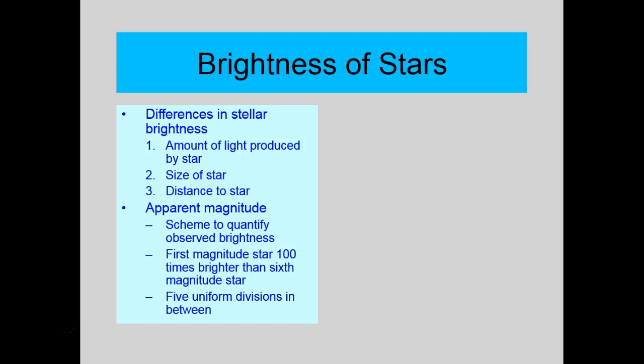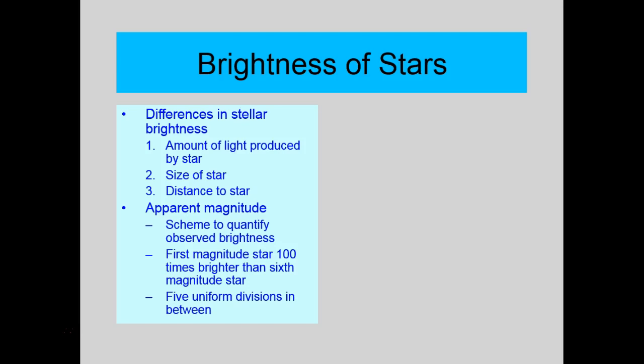There's several ways. The first we're going to look at is apparent magnitude. That's just us looking at it and saying, hey, that one's brighter than that one, this one's brighter than that one, this one's dimmer than that one. That's the apparent magnitude. Now, this scheme is to quantify the observed brightness. Just what you're seeing. The first magnitude stars, those are the brightest, are 100 times brighter than the sixth magnitude star. Okay?